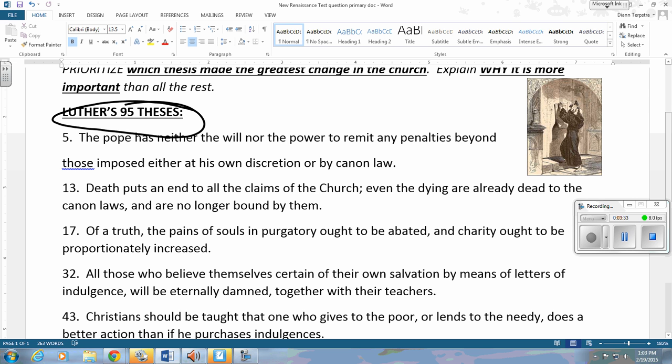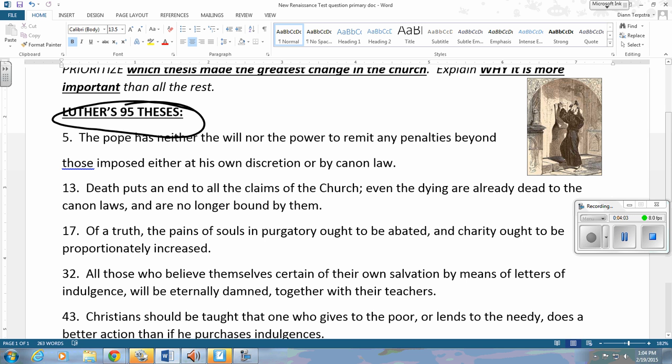So the first thing you'll do then is you'll define what number 5 means in your own words, and then you'll connect it to something in class. For example, we talked about this when we compared Catholics and Protestants, and it said that Catholics didn't believe blah, blah, blah. Or I remember Martin Luther said this in the play, which relates to this because. So pick things that you know you can connect to the classroom, okay?